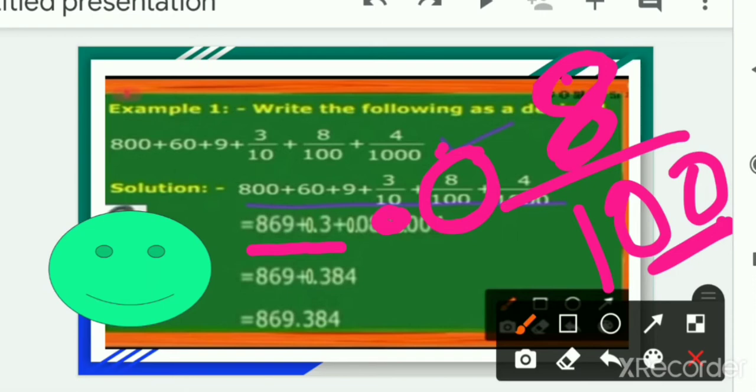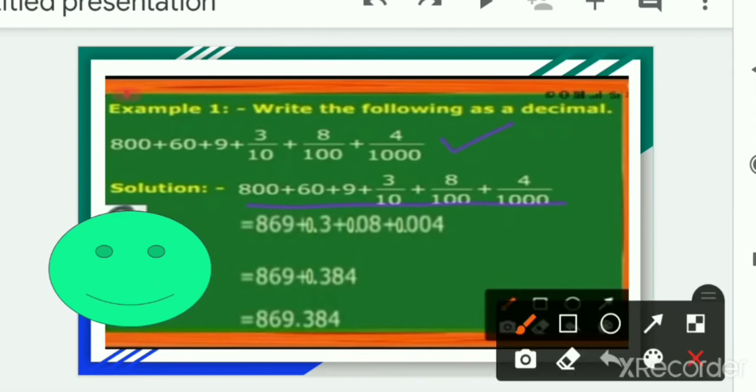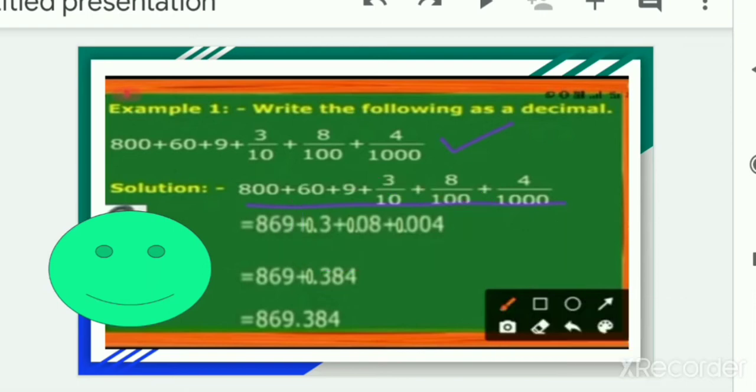To make it look nice, we put 0.08. So we have 869 plus 0.3 plus 0.08 plus, dividing the same way, 0.004. Now we will add all these, so we will get 869 plus 0.384. Now how do we add?